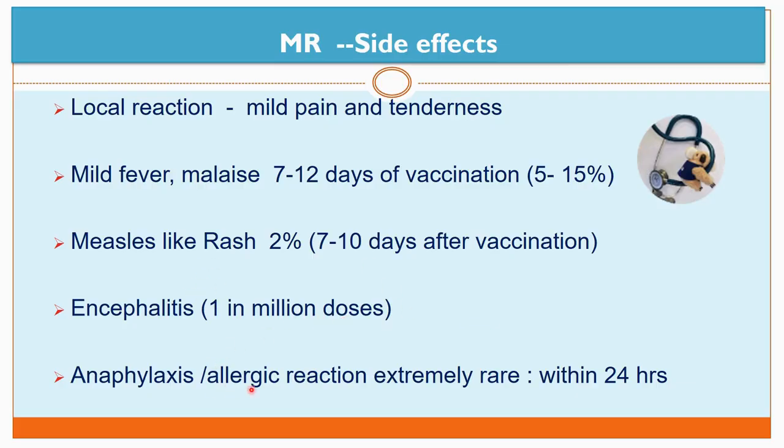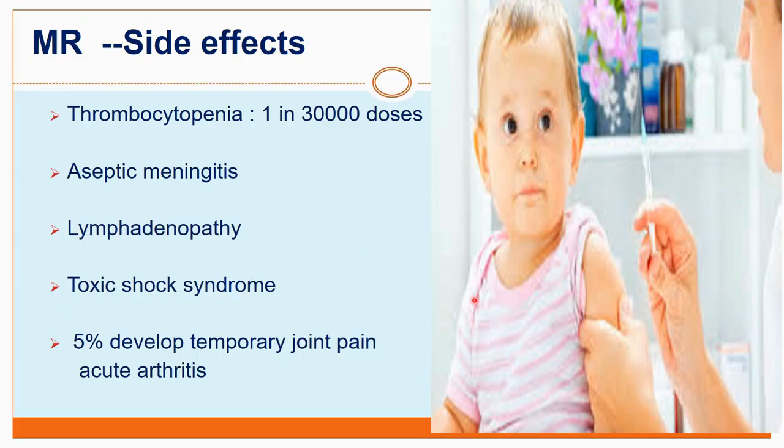Very rarely there might be anaphylaxis or allergic reaction, which is extremely rare, if it occurs within 24 hours. Other side effects can be thrombocytopenia, that occurs in 1 in 30,000 doses, and some can develop aseptic meningitis, lymphadenopathy, toxic shock syndrome, and 5% develop temporary joint pain or acute arthritis.